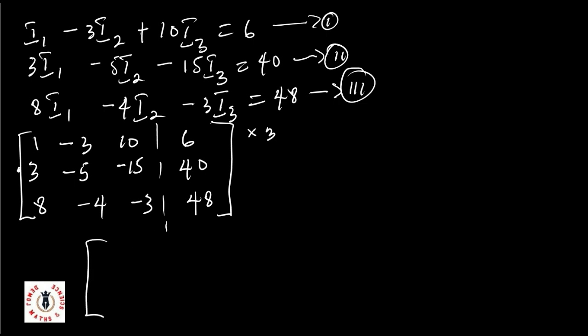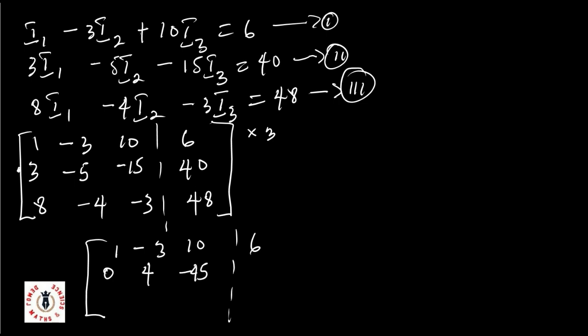So it becomes 1 minus 3, 10, 6. This will become 0. The next item will be 3 times 3, that's 9. I have minus 5 plus 9, that will be 4. The next item will be 10 times 3, that's 30. Then I'll have minus 15 minus 30, that's minus 45.